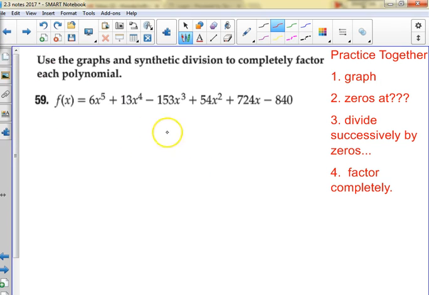All right, we're supposed to do this one. Did anybody happen to type this in yet? Well, we're supposed to completely factor it, so we need to know what some of the zeros are by graphing. While someone's doing that, I'm going to write down the coefficients.